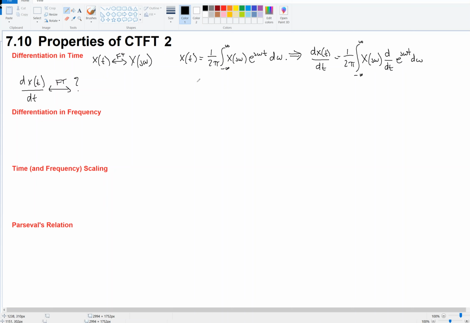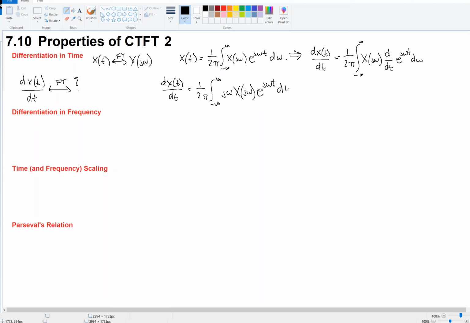Now, I've got the derivative of x of t on the left. This is 1 over 2 pi, and then the derivative of e to the j omega t with respect to t is j omega e to the j omega t. So that j omega can come over here: j omega X of j omega e to the j omega t.